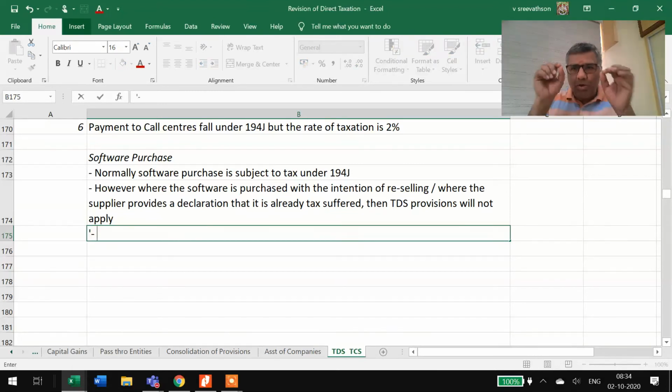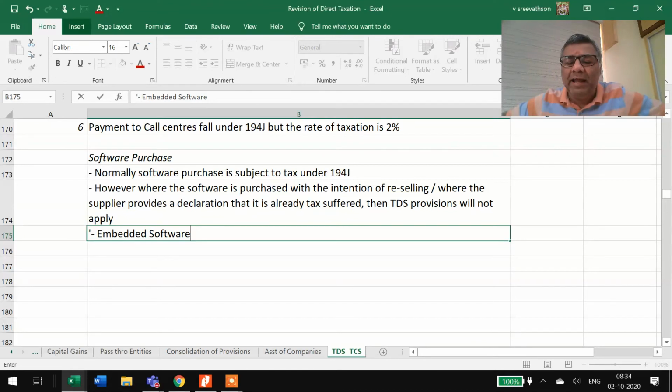Another thing, probably mentioned in passing in class, but I want to make it clear: embedded software. What is embedded software? Sir, you buy a laptop. Inside the laptop you will find MS Office, and you will see various software uploaded.